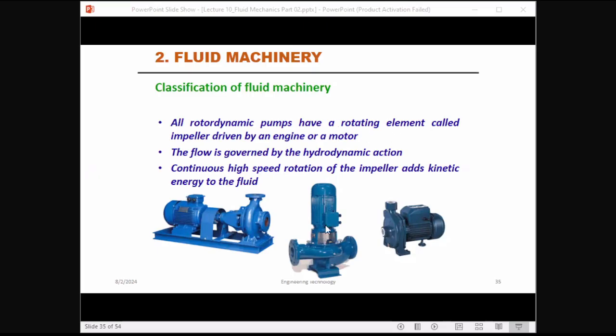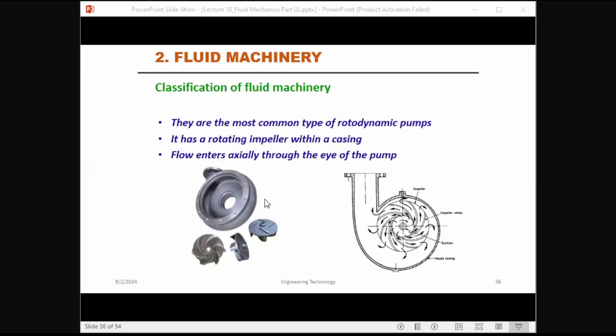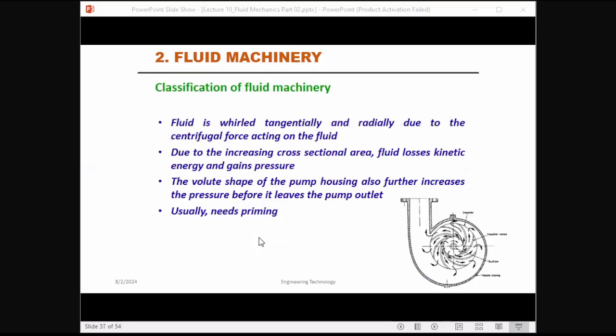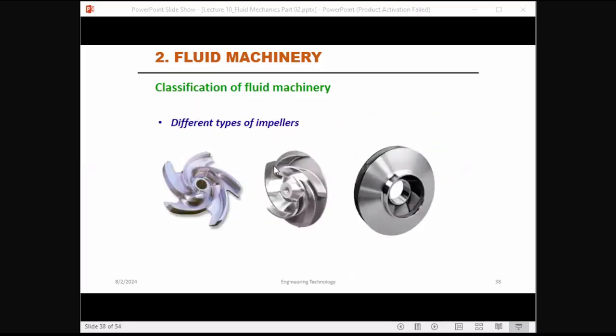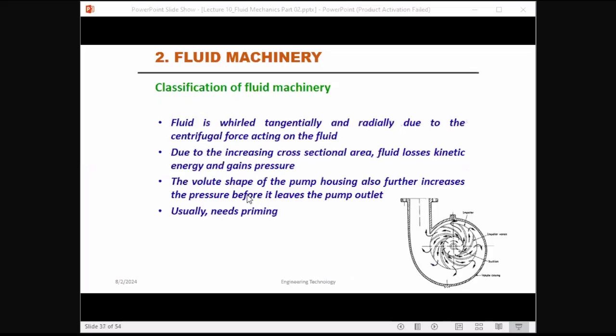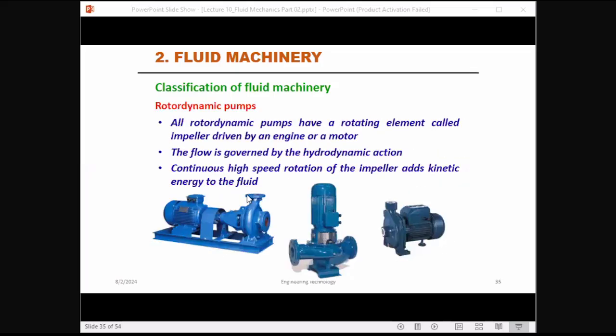The rotating element is the impeller. Impeller means this type of part. Here you can see an impeller. These are impellers. So a centrifugal pump deals with an impeller.